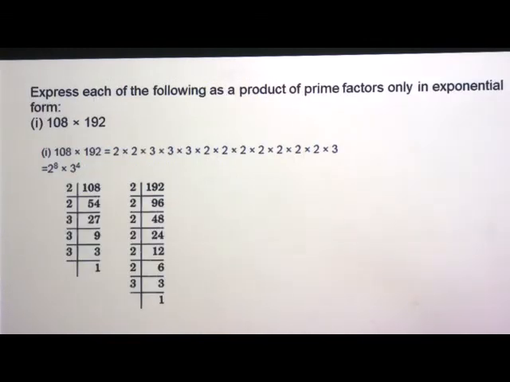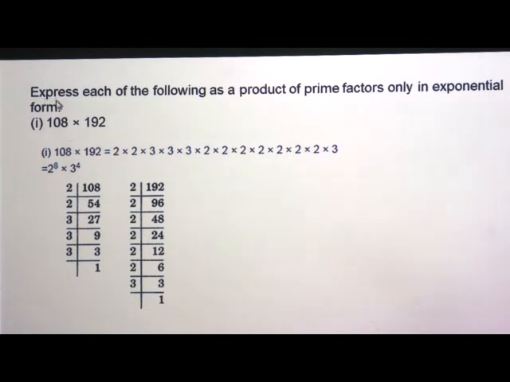Now, we have some examples which are very important from the examination point of view and which will help you to find the exponential form. You might be seeing 108 into 192, but it is not a simple multiplication.